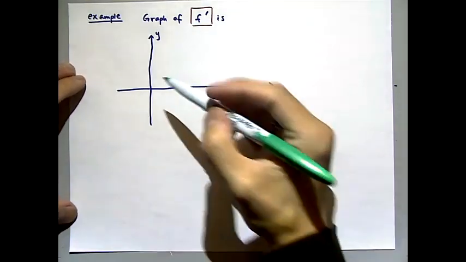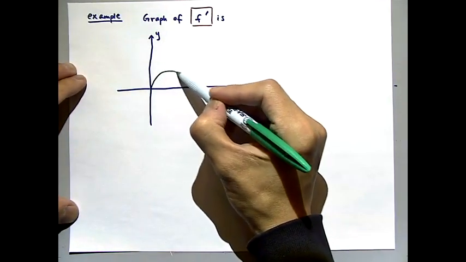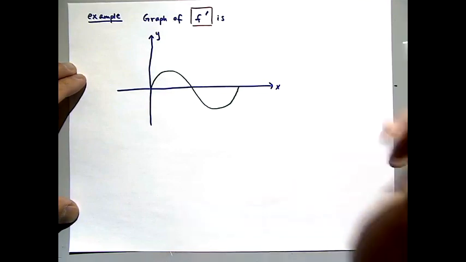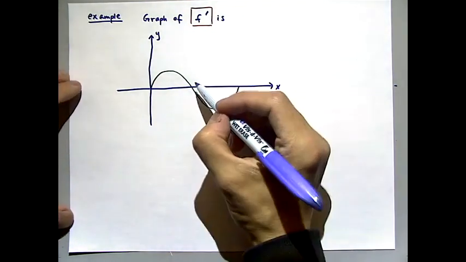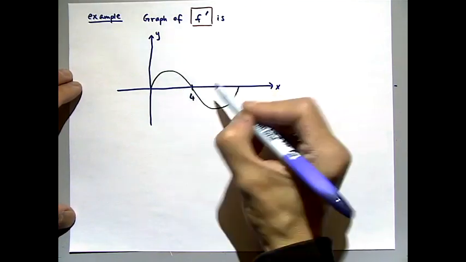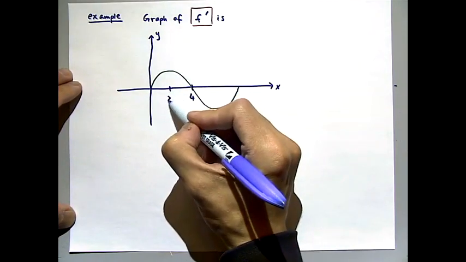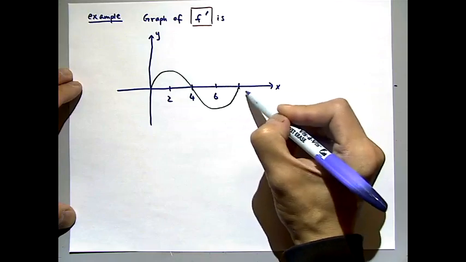And I'm going to make it look like just part of a sine curve again. And let's say that's 4, 2, 6, and 8.